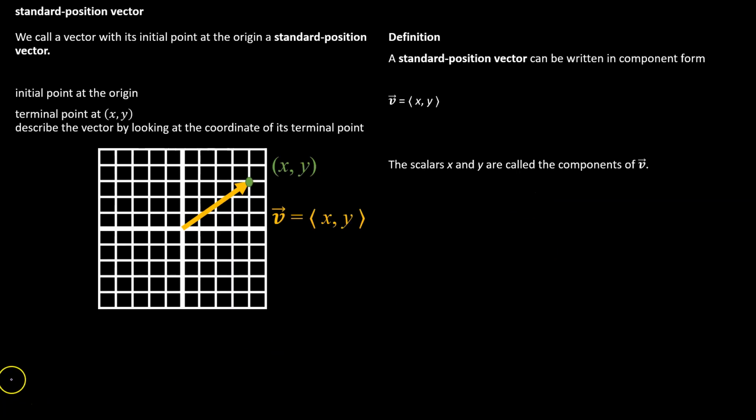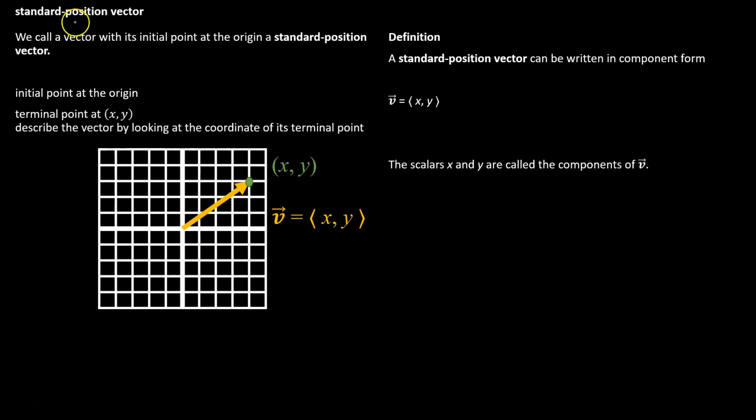Now let's start to talk about the notation for the position vector's component form. A standard position vector is a vector with an initial point at the origin. So the vectors that we had seen before, maybe the initial point was not at the origin. Maybe it was, but if the initial point is not at the origin, then we are not talking about a standard position vector.